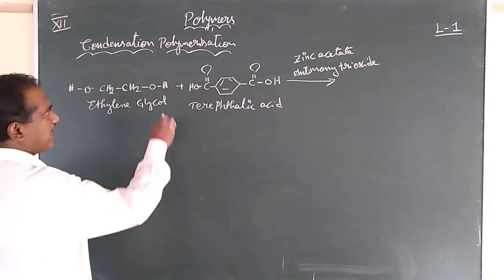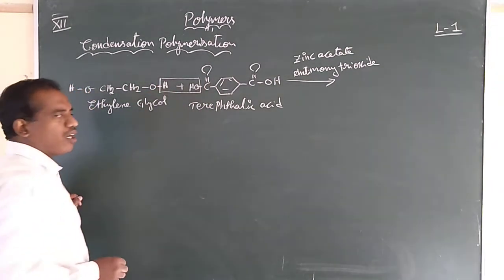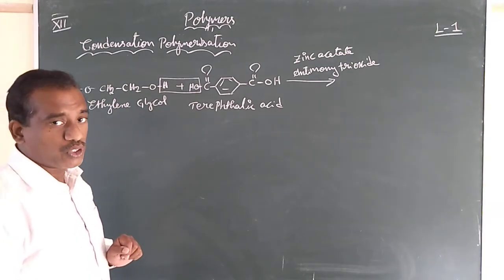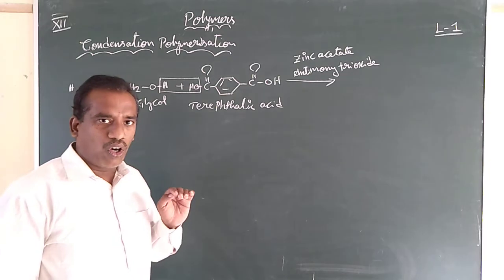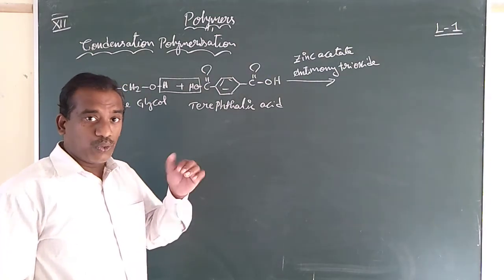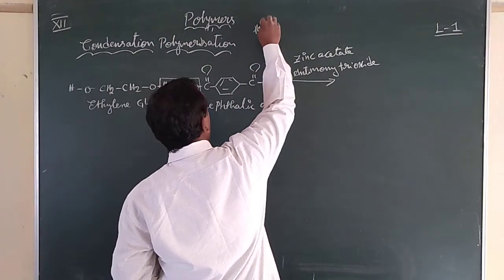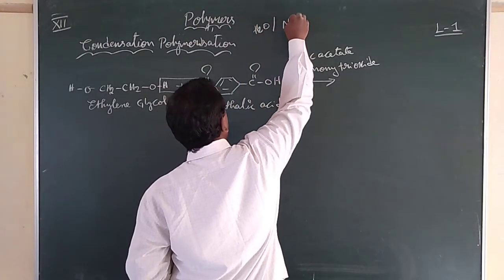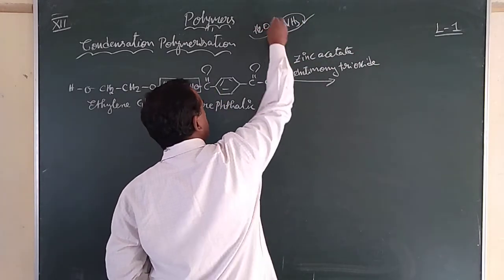What will happen here is that a neutral molecule of H2O will be removed. So the polymerization process involved is one in which neutral molecules are removed. The neutral molecule may be H2O or NH3. This takes place in one example.